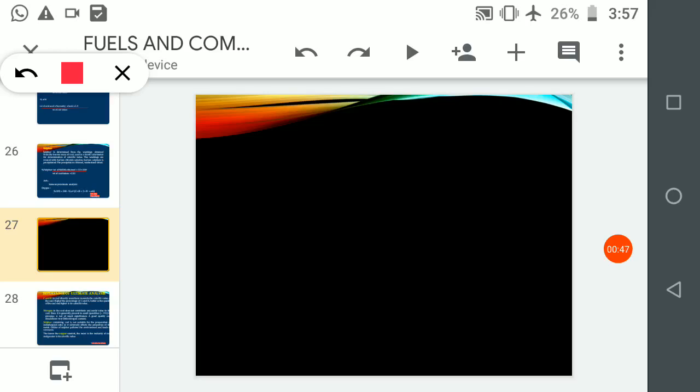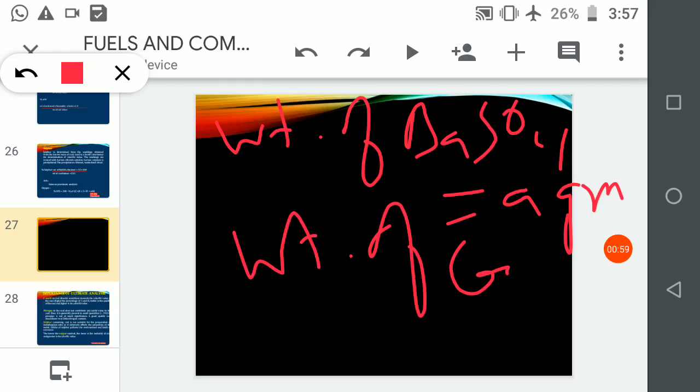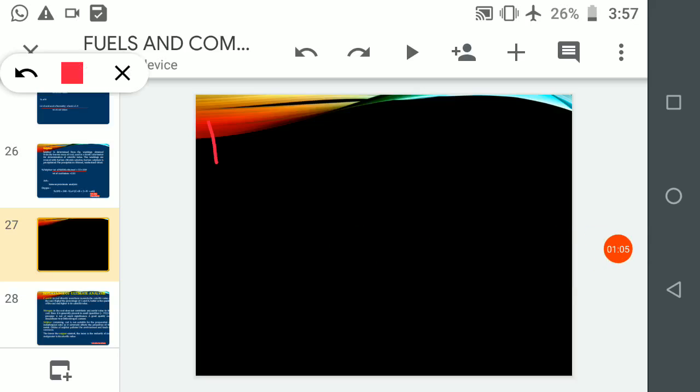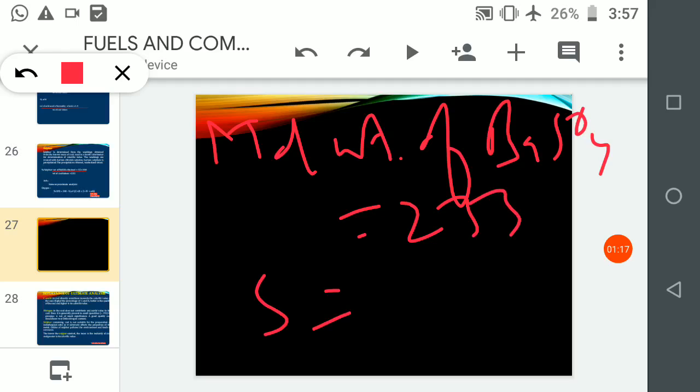Weight of barium sulfate is A gram, weight of coal sample is X gram. The molecular weight of barium sulfate is 233, and sulfur present in this barium sulfate is 32 gram.